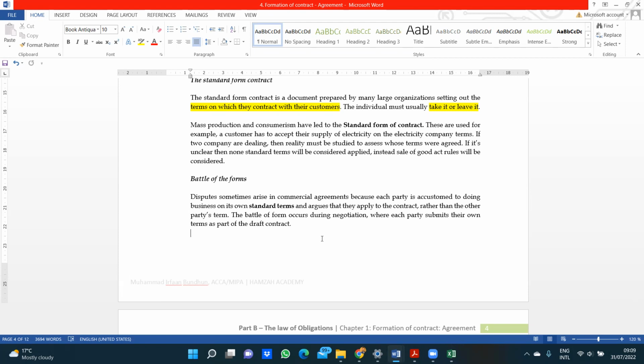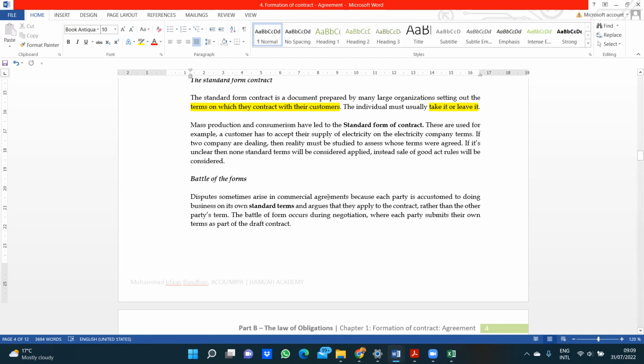However, disputes may arise because the client might wish to do business under its own terms. The supplier supplies terms and conditions which are generic to its customers, but the customers might want it under their own standard terms. So arguments and disputes can arise. But again, with a standard form of contract, you either take it or leave it.